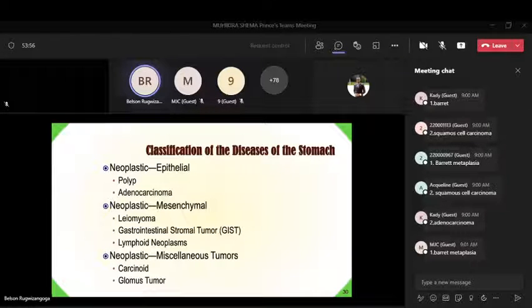Gastrointestinal stromal tumor is the most common mesenchymal cancer that we see in our settings. There are many cases in Rwanda. It is usually difficult to diagnose them because they don't appear on the surface of the mucosa, in the lumen, because they arise from the muscularis propria or submucosa.